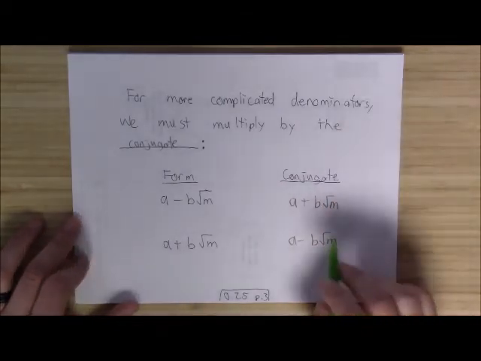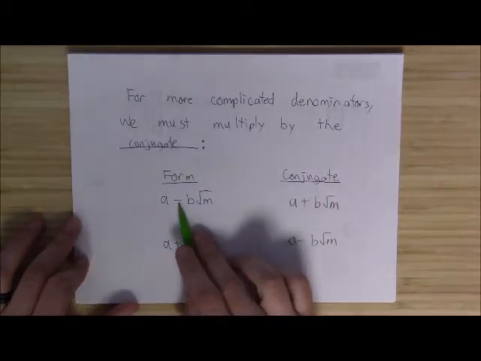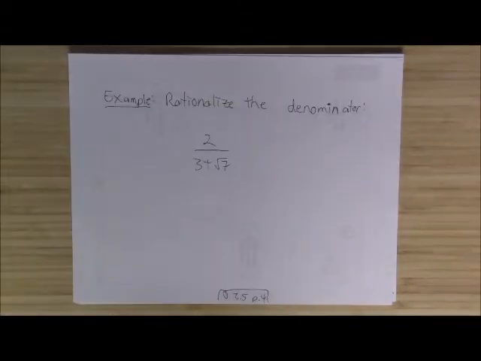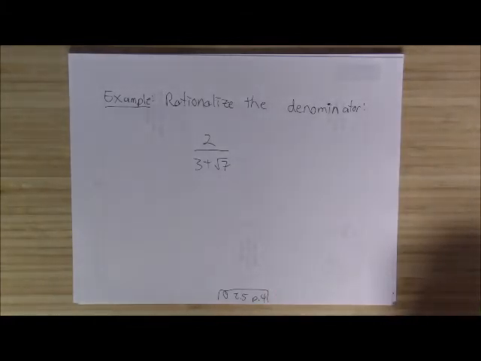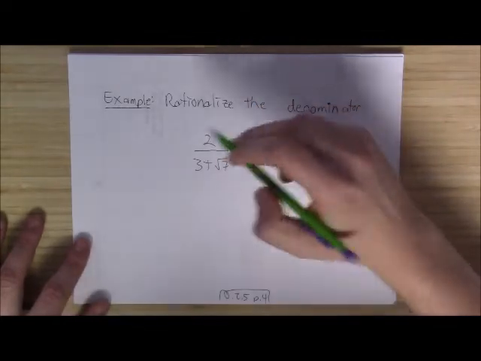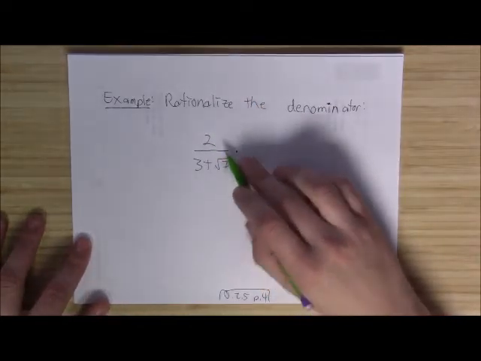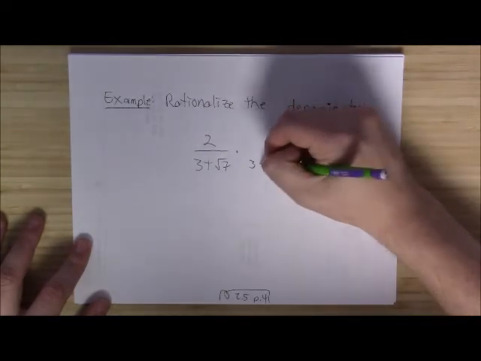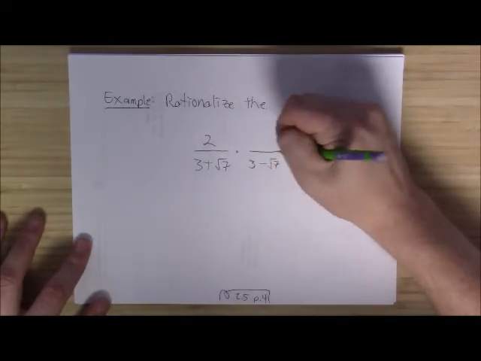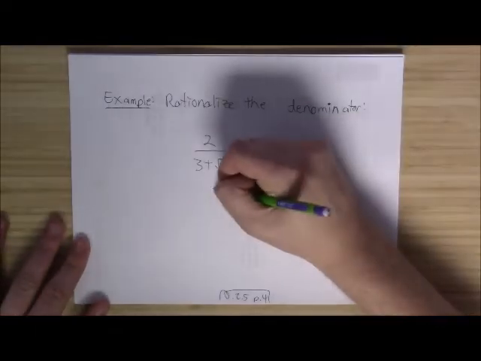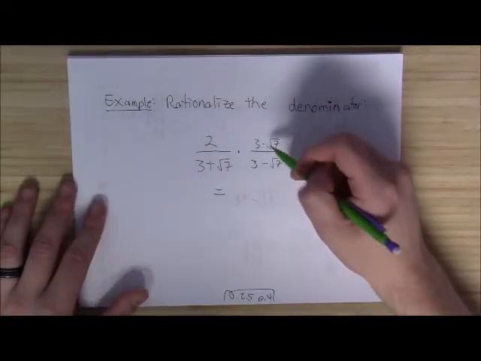Like so, okay? So here, the minus turns to a plus, the plus turns to a minus. It's a simple thing we can use to rationalize denominators. So, for example, if I want to rationalize this denominator, I just multiply top and bottom by the conjugate of the denominator.